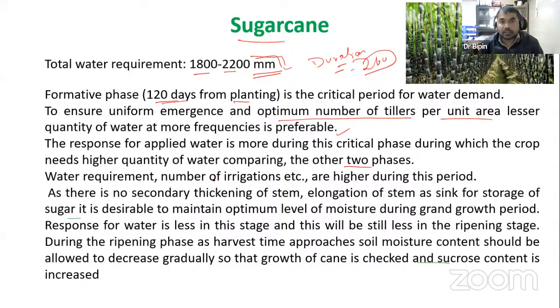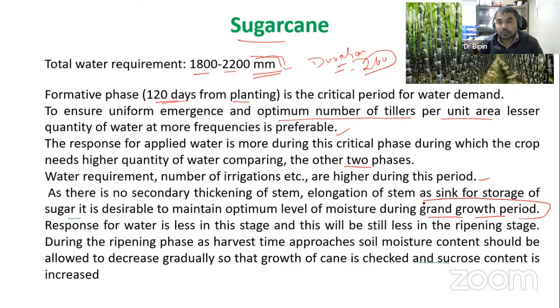Like the water requirement, number of irrigations are higher during these phases, and as there is no secondary thickening of the stem, elongation of the stem as seen for the storage of the sugar, it is desirable to maintain optimum level of moisture during the grand growth period.